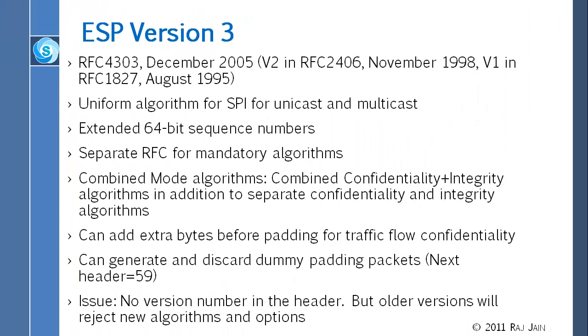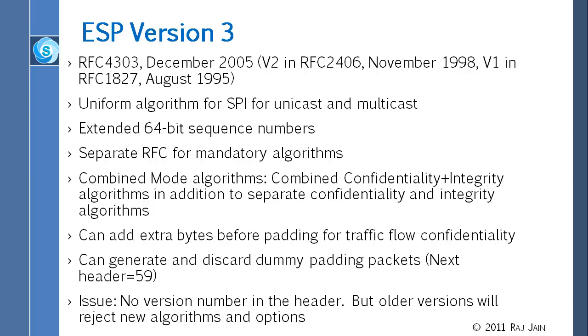All right, moving on. ESP version 3 again came out in 2005, and again solves almost the same problem: unicast versus multicast. Extend the sequence number, put the mandatory algorithms, and then if you want to get both confidentiality and integrity, then it allows that combination.